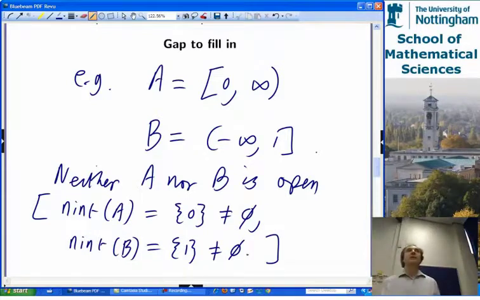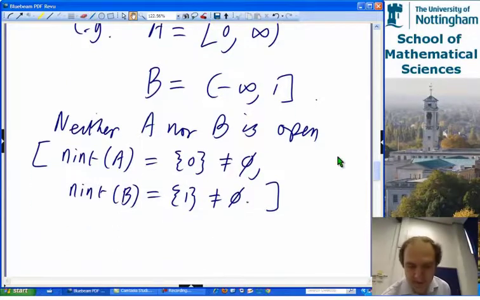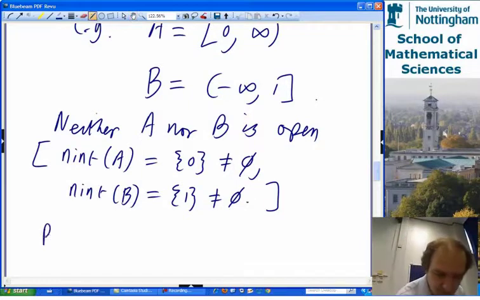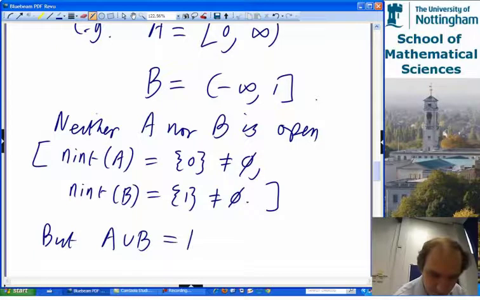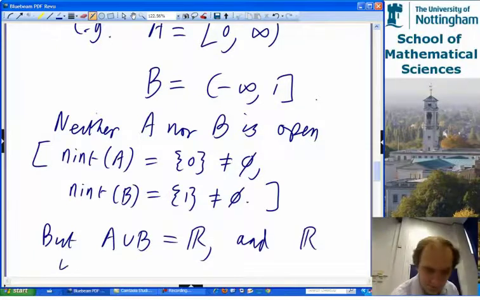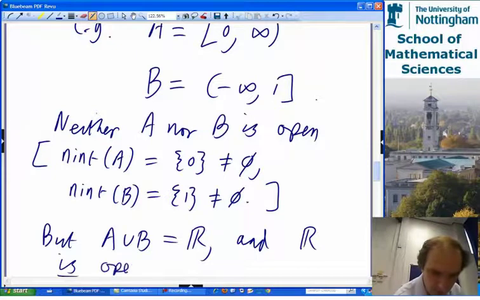But A union B is a whole real line. And R is open. All points of the real line are interior points of the real line, got no edges, working in the real line. So that's a perfectly good example.